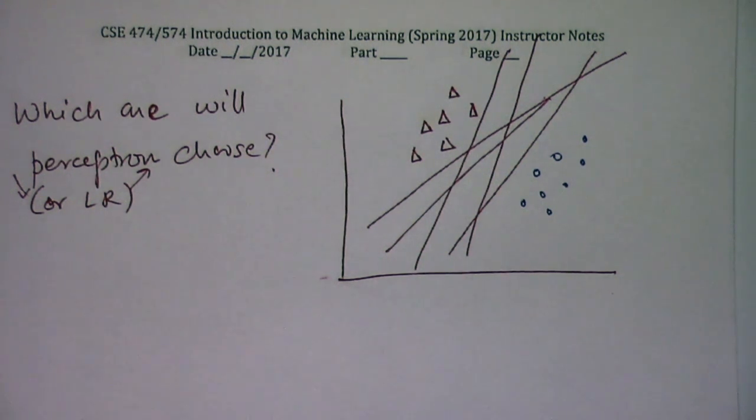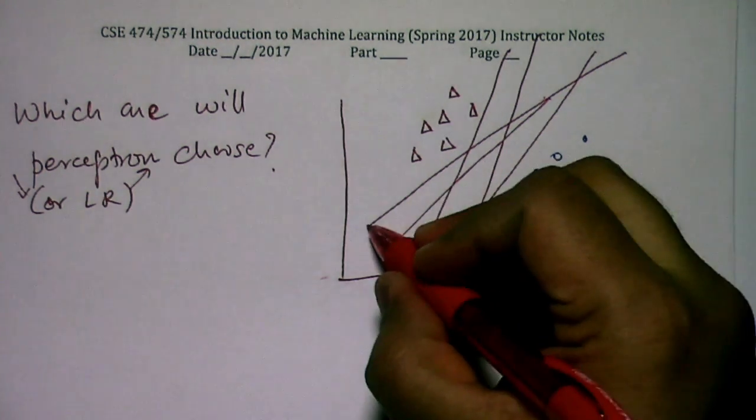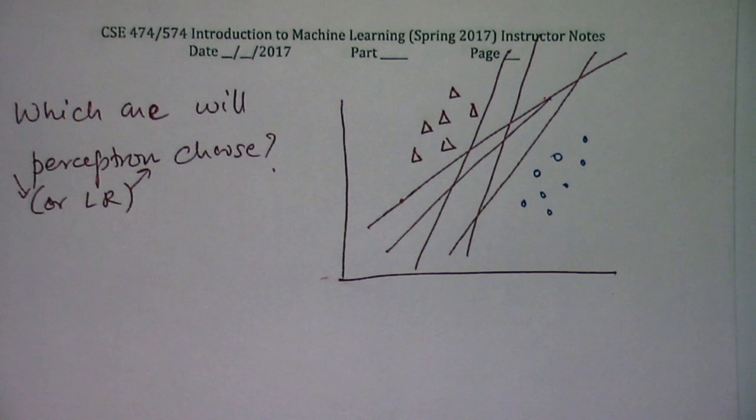Because once it gets to a line, after that there is no reason for it to move. Let's say this is the line that it gets to. After that, it won't move because it is giving 0 training error.